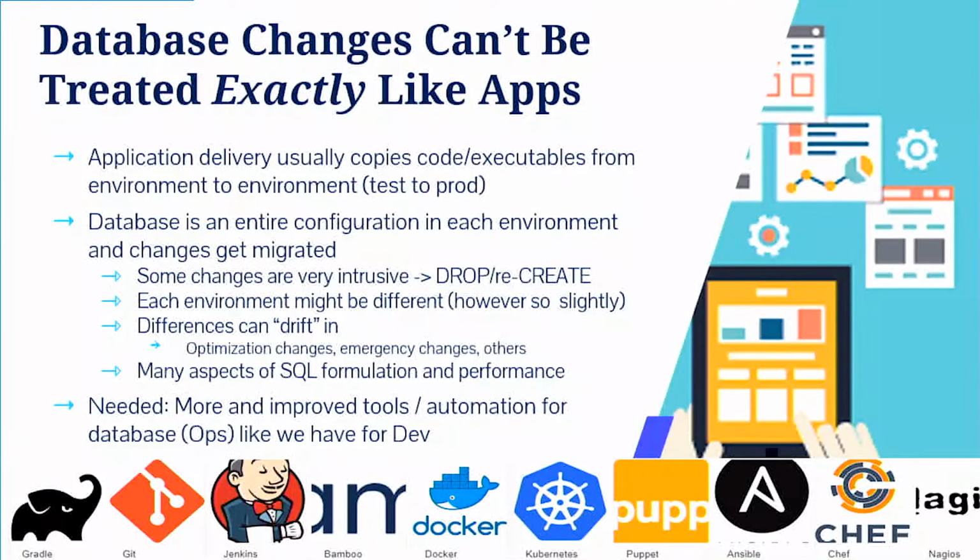And when you look at it, the database is different than the application in terms of how you roll out changes, right? The application, you basically compile something and move it, whole, done, moved. With a database, you don't move exactly what's in test into production, and you don't do it wholesale. You're going to make changes to it.